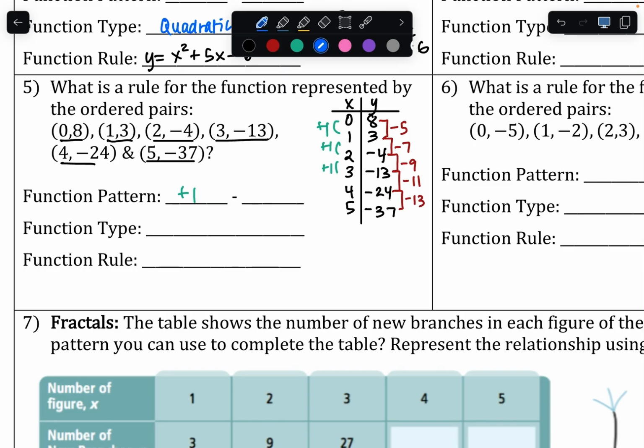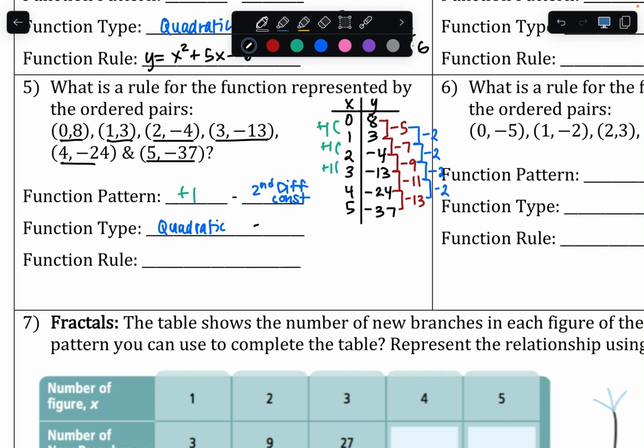So clearly not linear, but if we do the differences of the differences, that's the second difference, I can see I'm subtracting 2, from negative 9 to negative 11, I'm subtracting 2, and subtracting 2. So once again, our second difference is constant, and so we know this is quadratic.